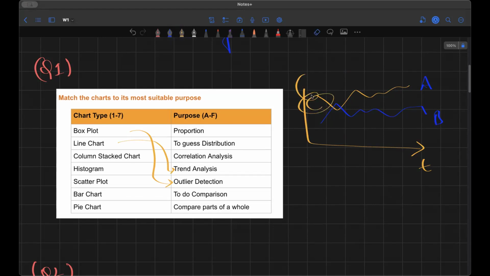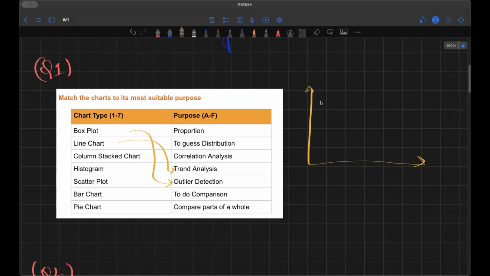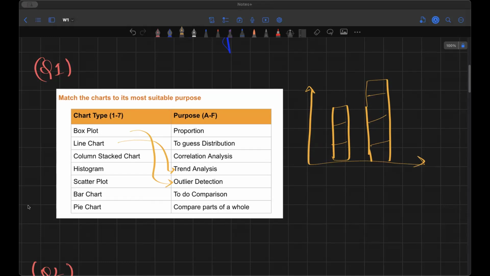Then we have the option of column stacked chart. Now let's think for a moment, what is a column stack chart? A column stack chart is going to be something like this, and each column is going to have different proportions. So maybe I have this column and this column has this. So this is what a typical column chart would look like. So basically this is used to compare, let's say this is person one, this is person two, and let's say different sources of income.